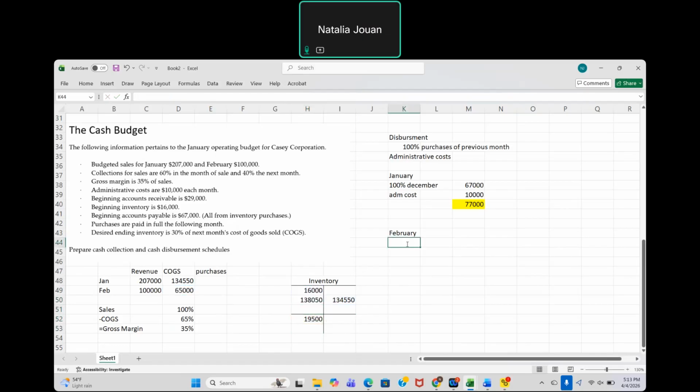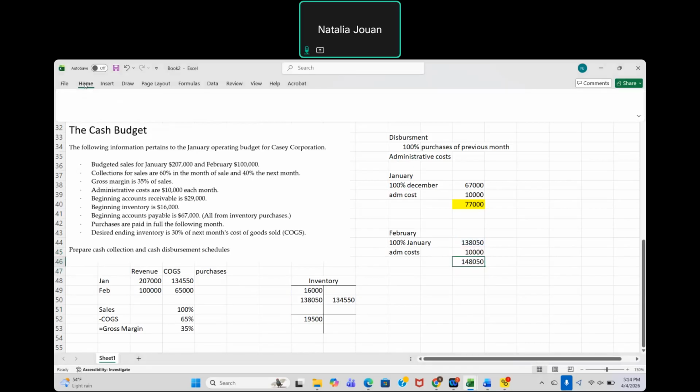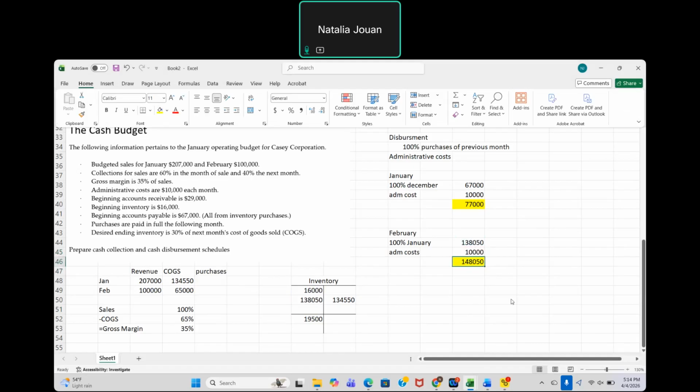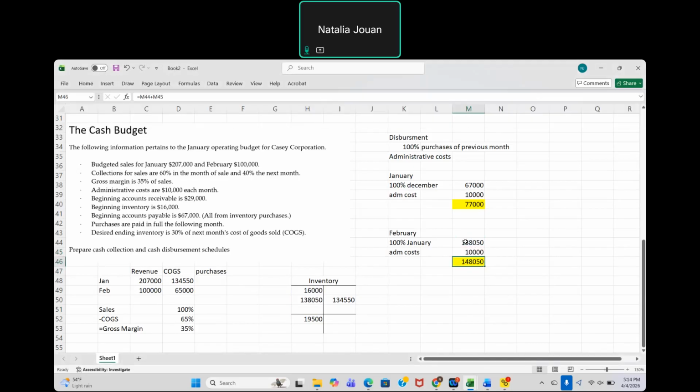So 100% of purchases made in January, 138,500, plus the administrative cost of 10,000. We are paying 148,500. And that is your payments in the month of February.